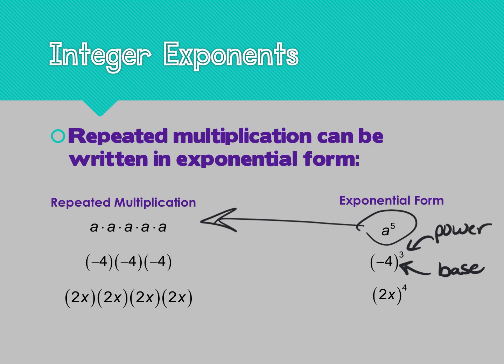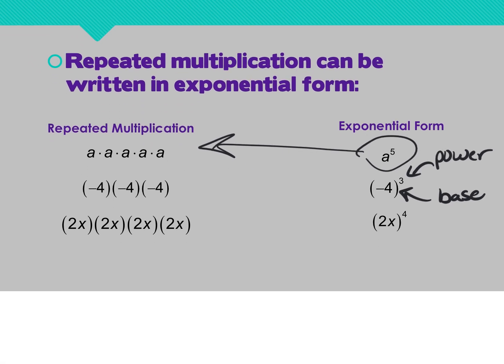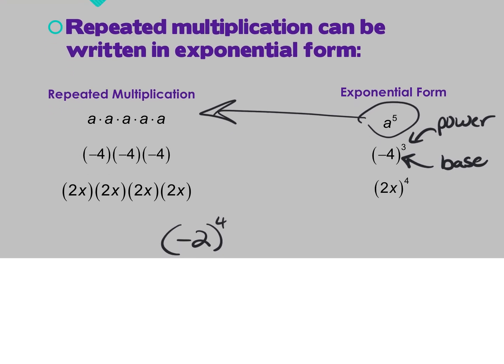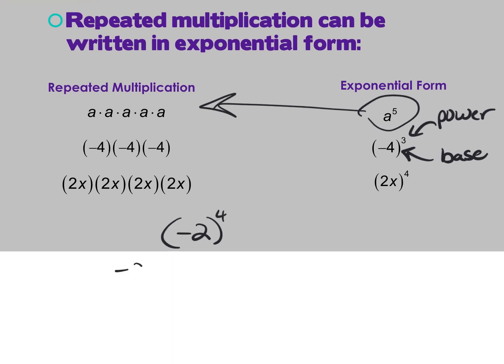Now, when you have a negative number as your base, you need to be very careful. For example, if you have an even exponent or an even power on a negative number, and that negative number is in parentheses, really what this means is you're multiplying negative 2 times negative 2 times negative 2 times negative 2.